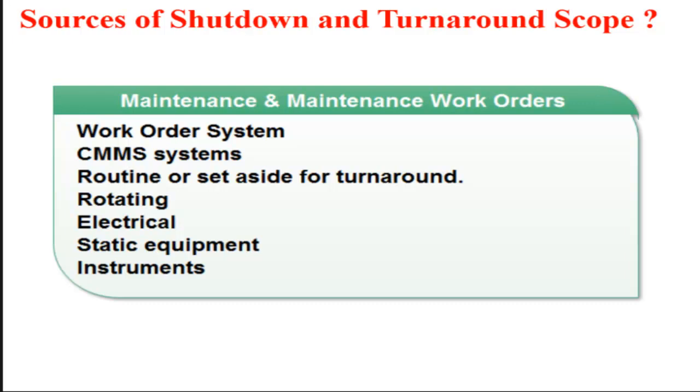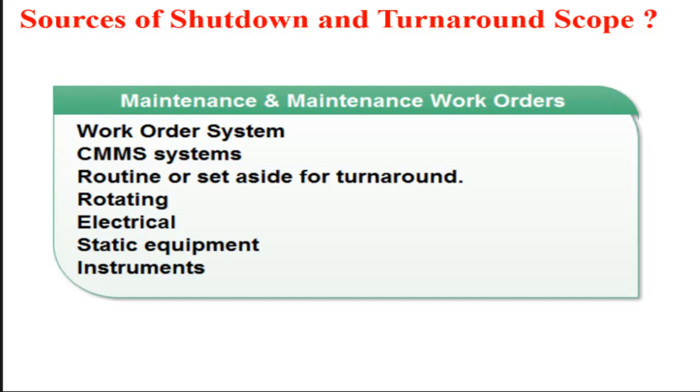If it can be done as routine maintenance, that is recommended. And if it is not able to be executed during operation, it can be set aside for turnaround later on, whenever it's due.